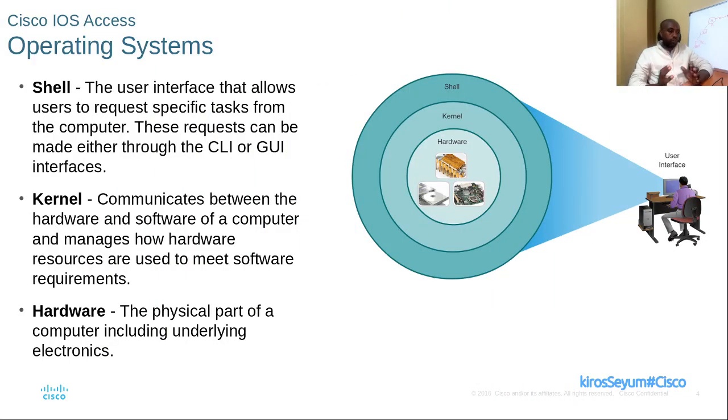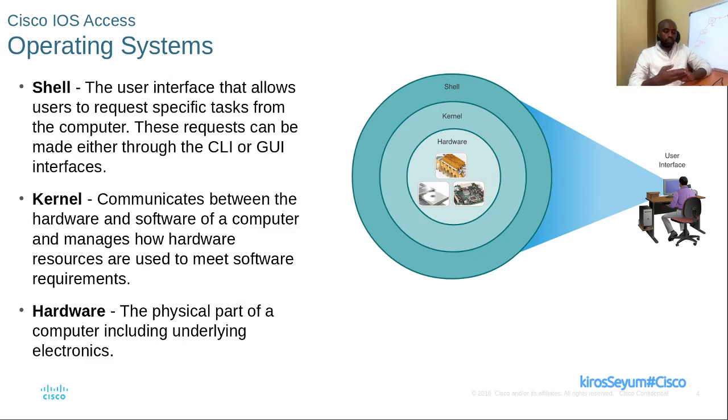Any operating system, especially Ubuntu or Linux-based operating systems, has what we call the shell, which is the user interface part. You can have a CLI command-based or graphics-based interface, and we have the kernel, the communicating part between the software and hardware.